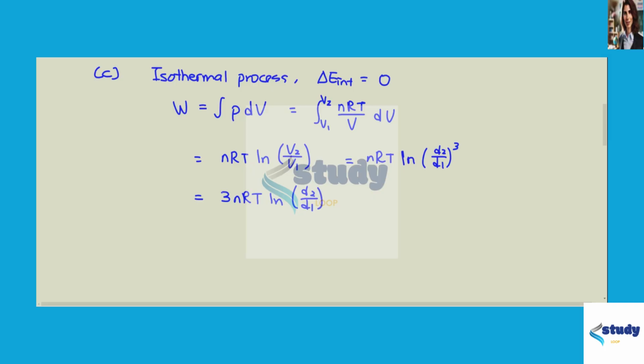This is 3 nRT natural log D2 over D1. Using the ideal gas equation, because temperature is constant, P1 V1 equals P2 V2, so you can substitute either one, and I choose P2 V2.